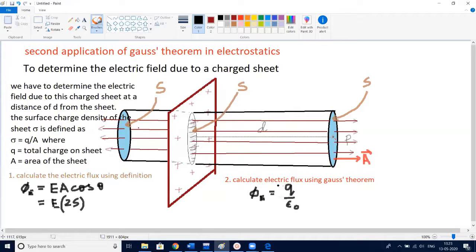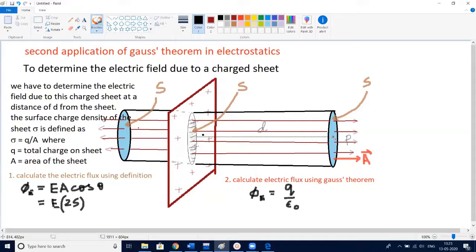Now what is the enclosed charge? The enclosed charge is the charge of this portion of the sheet which is enclosed within this Gaussian surface. So what is the charge of this portion of the sheet?